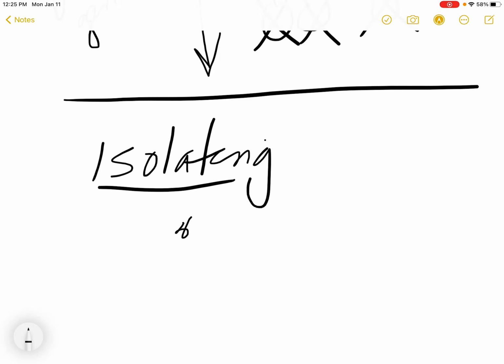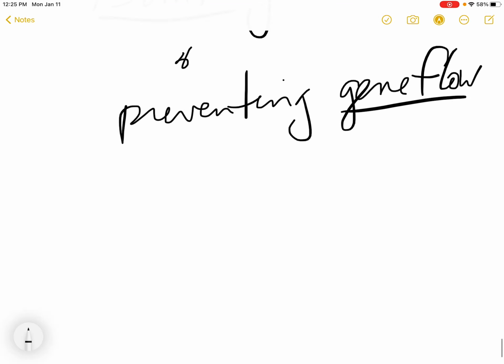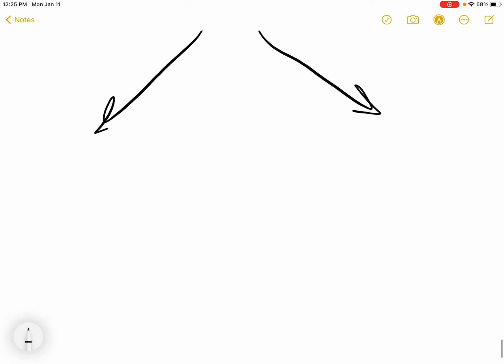That's important. And what they're doing is they are preventing gene flow. And when you prevent gene flow, you basically prevent two individuals or two populations from mixing their genes. And so you set them on two different evolutionary paths that diverge, right? And you produce new species.